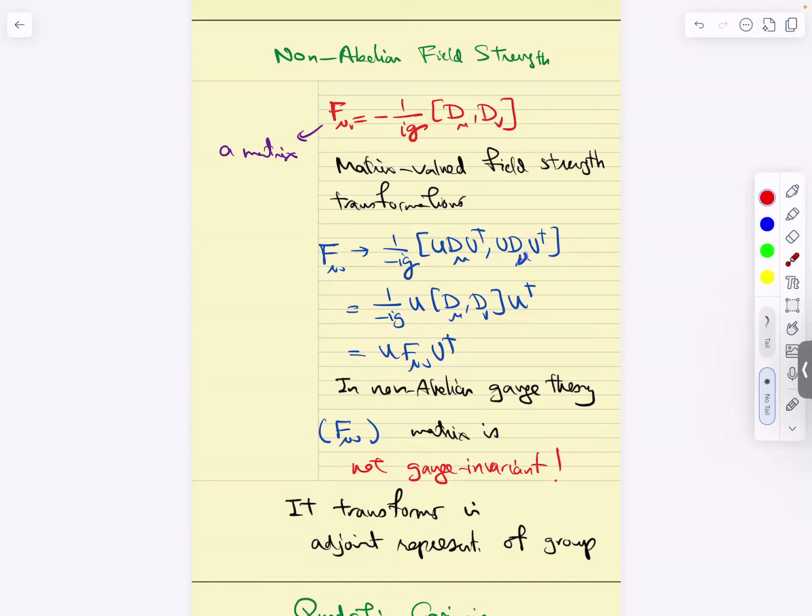Why do I put 4? What is this? This is del mu A nu minus del nu A mu times the other one. When you expand this, you get 4 terms. 2 of them have the form you want that look like a scalar. That's why I put 4.